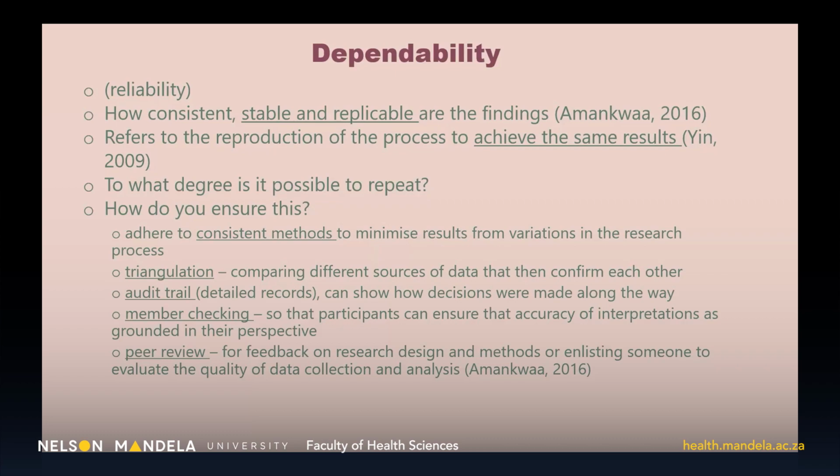And then we could also do a peer review, which is to talk to peers for them to evaluate the quality of our data collection and analysis, and they give us feedback regarding what we're doing and how we're thinking about things. Right. So those are all ways in which we enhance the dependability of what we're doing.